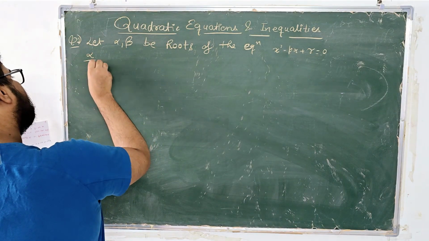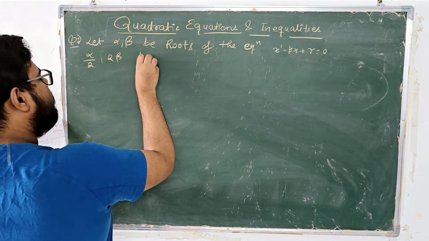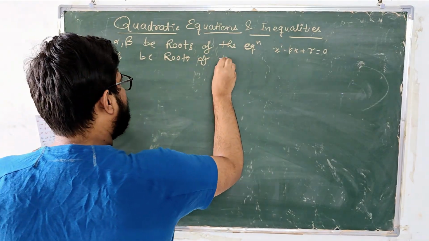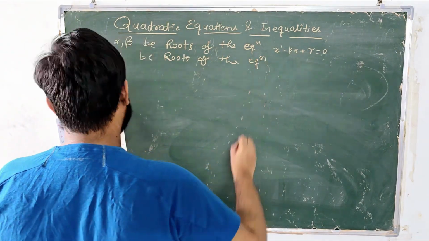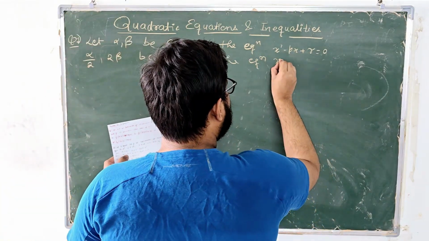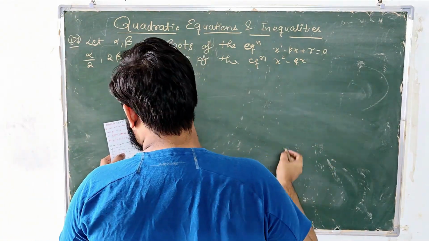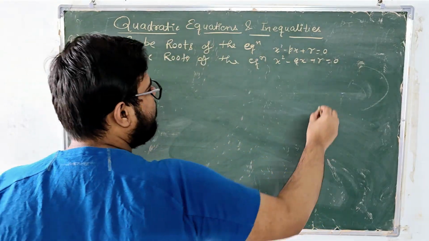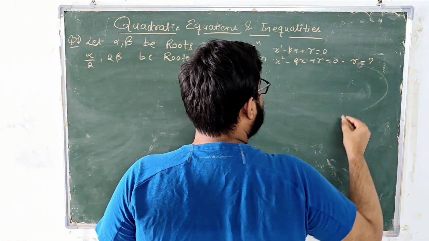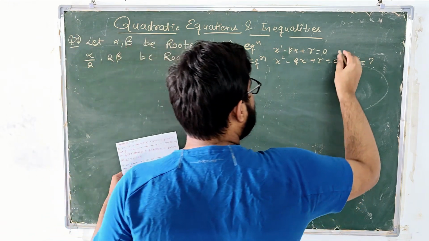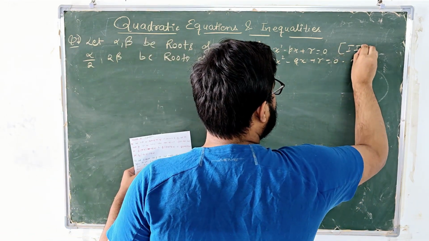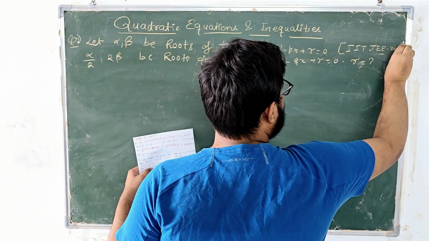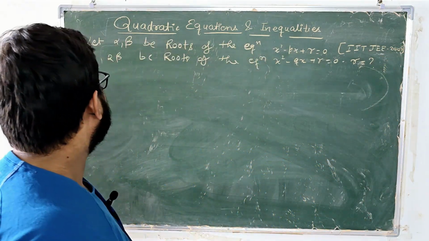And alpha by 2 and 2 beta be roots of the equation x square minus qx plus r is equal to 0. Then what is the value of r? This is from IIT JEE 2007.